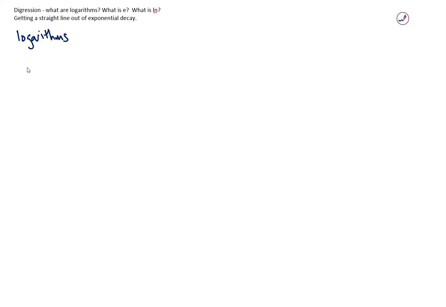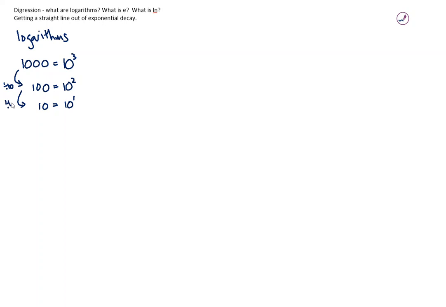So let's go back even a step further and think, how do we write numbers, say like 1,000? We can write that as 10 to the 3, or 100, we can write that as 10 to the 2, and 10 we can write as 10 to the 1. So if we're going from 1,000 to 100, we're dividing by 10.